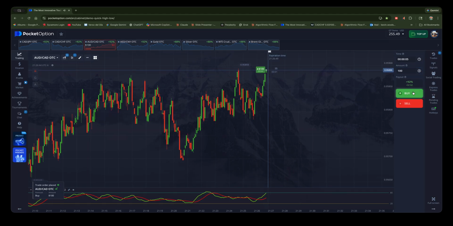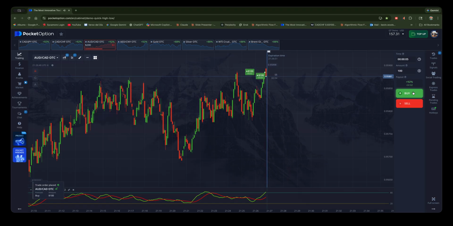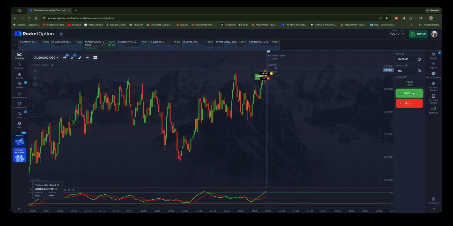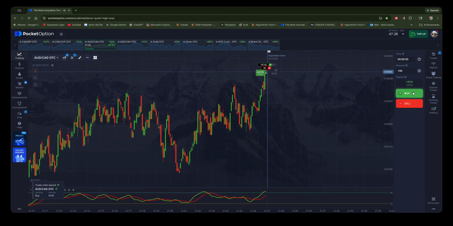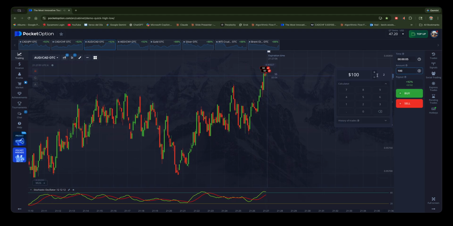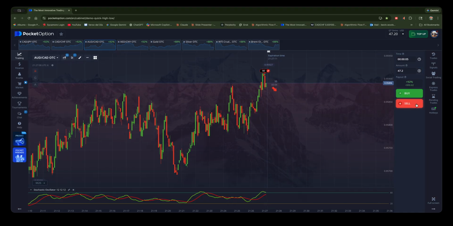Showing a lot of green. Oh, nice push there. Not sure about the continuation yet. Nope. So now we're down to our last 47.20, so the chances of us burning this down are super high.